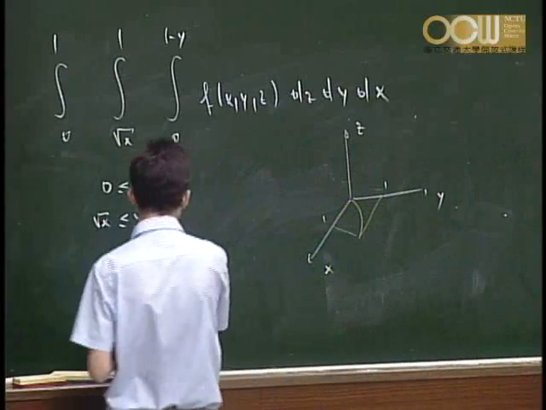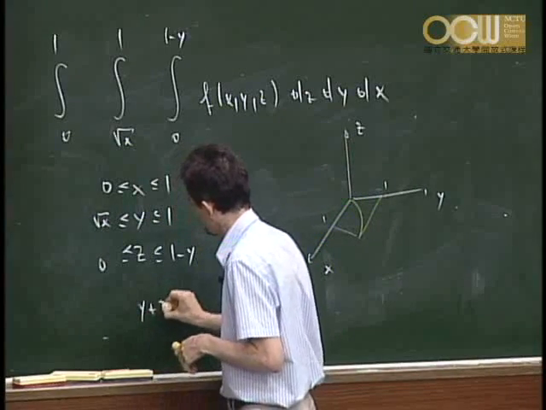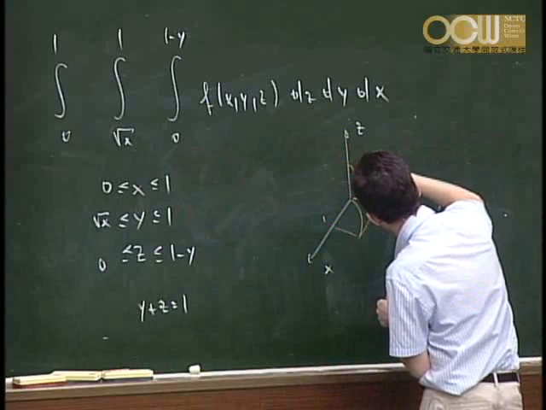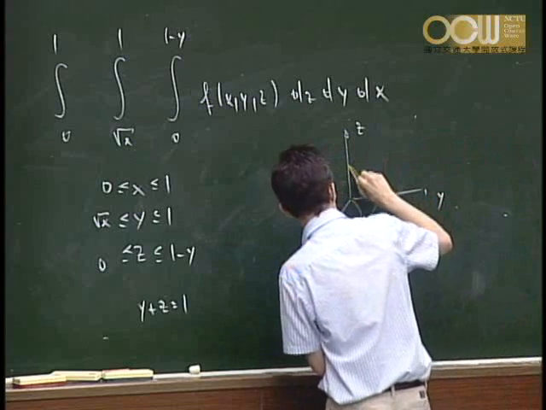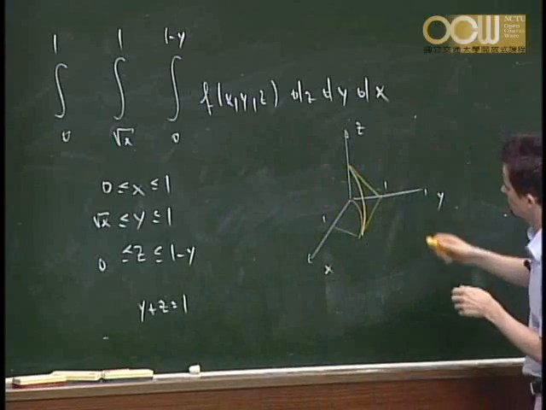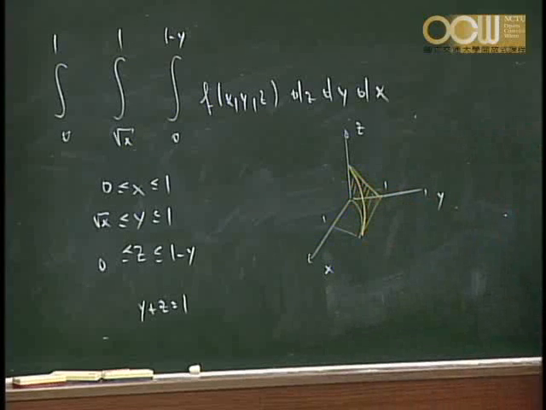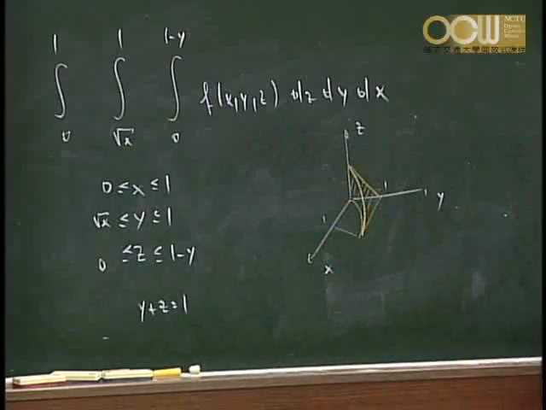And what else? You see from this one that you have a plane here which is given by y plus z is equal to 1. So you have this plane here, somehow like this. Now, if you have to change the order of integration such that the last one becomes x, this is easy.